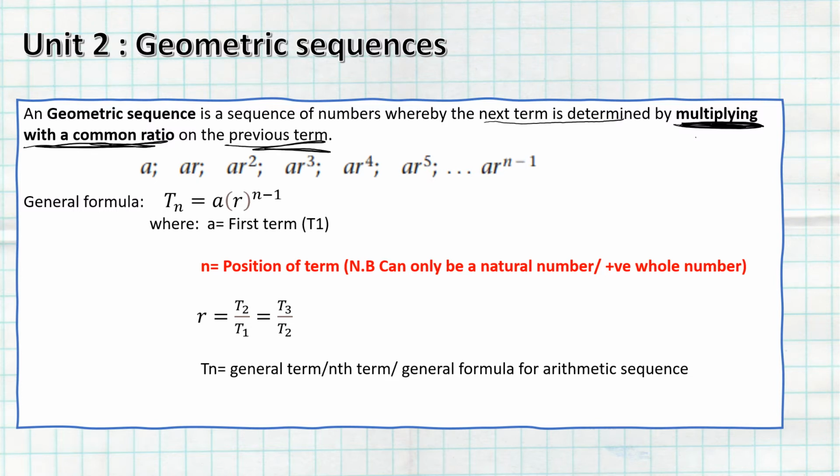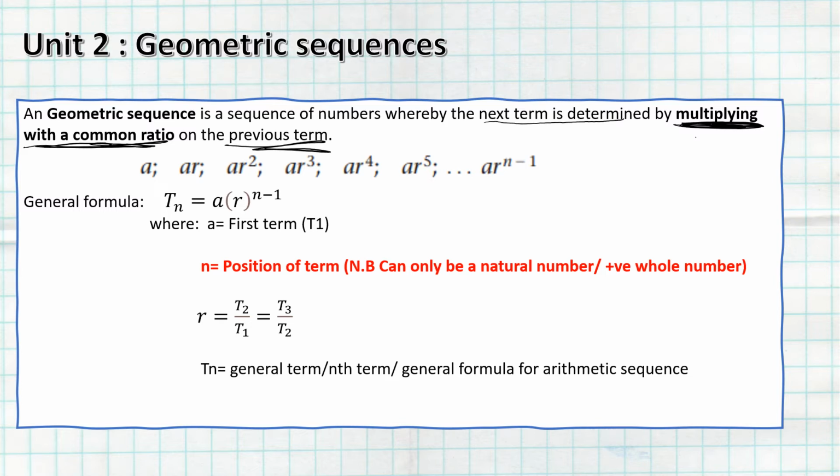So in a geometric sequence, we get the next term by multiplying the previous term with a common ratio. Very different from arithmetic sequence, where we get the next term by adding a common difference. But now in a geometric sequence, we get the next term by multiplying with a common ratio.